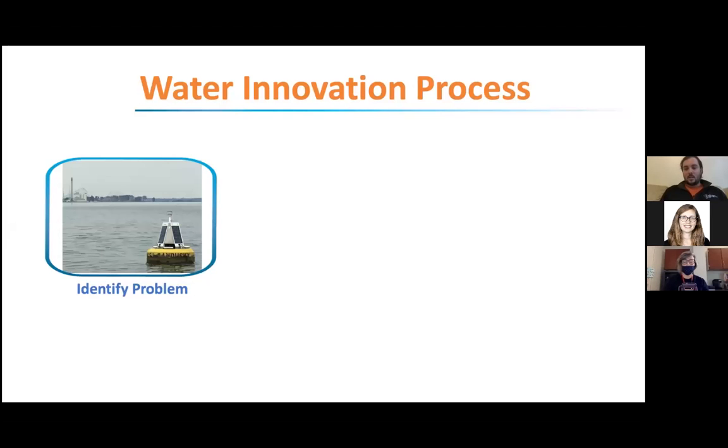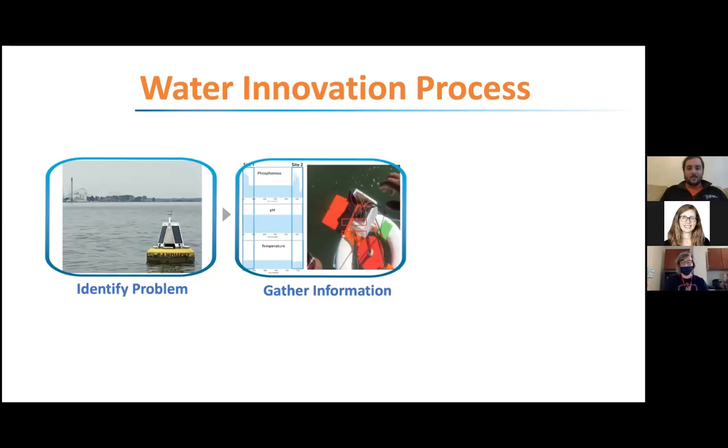Obviously, you need to understand whether it's a water quality challenge, it's water affordability, or other kinds of issues. You need to have a full picture of what the problem is in order to try and address it. And a big part of that is gathering additional information, whether that's data gathered in the field, or records that you can access, or interviews with people who are impacted.